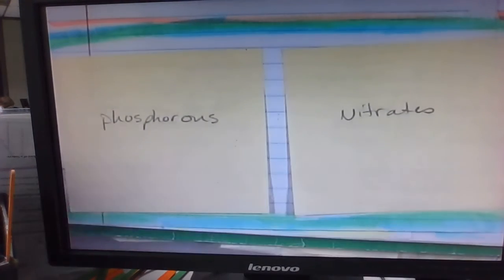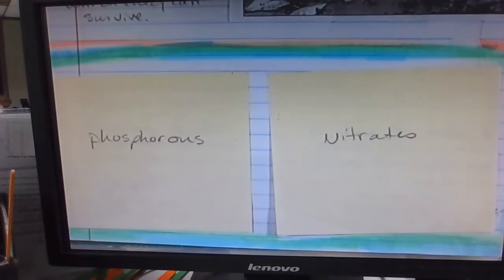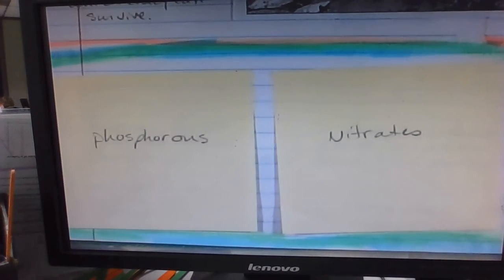Phosphates, phosphorus, and nitrates. These are two key substances in our waste products that end up causing artificial eutrophication.